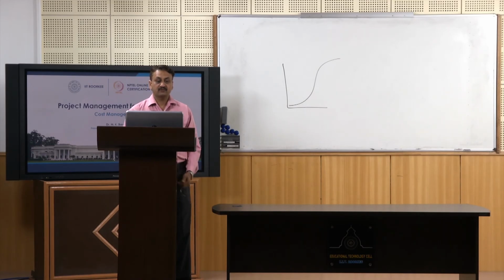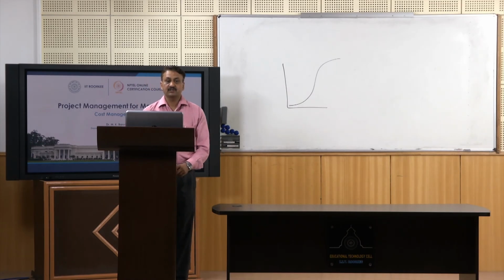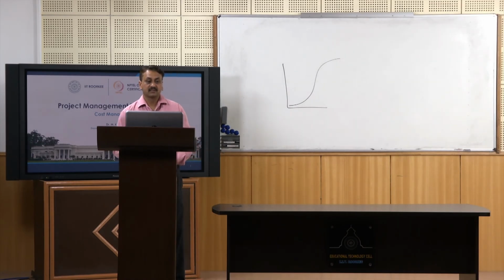So, we will find out whether we are ahead of schedule or behind schedule or what is the status. So, we know that the total planned budget is 118 and earned value is 44, right. So, planned value is 103, earned value is 44.